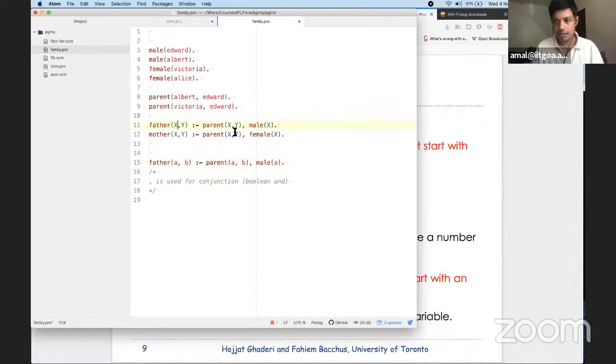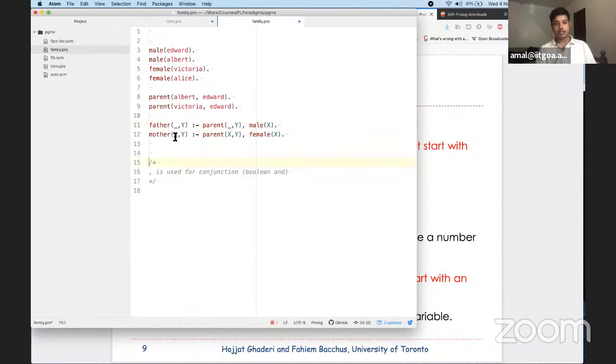But in the case of underscore, if I use it here like this, then this has a different meaning. What does this mean? This means that these values can be different. If I want to prove that somebody is a father of Y, then all I have to prove is that somebody is a father of Y and male of somebody.